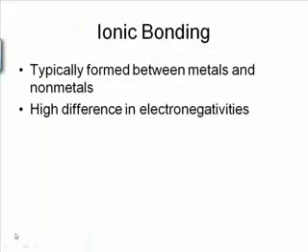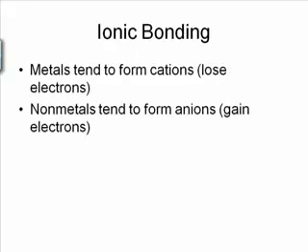Ionic bonding. Here we have bonding between metals and nonmetals. Typically, the farther apart they are on the periodic table, the greater the difference in electronegativity, so you would expect metals and nonmetals to have large differences. In that case, like we talked about before, we have a transfer of electrons.